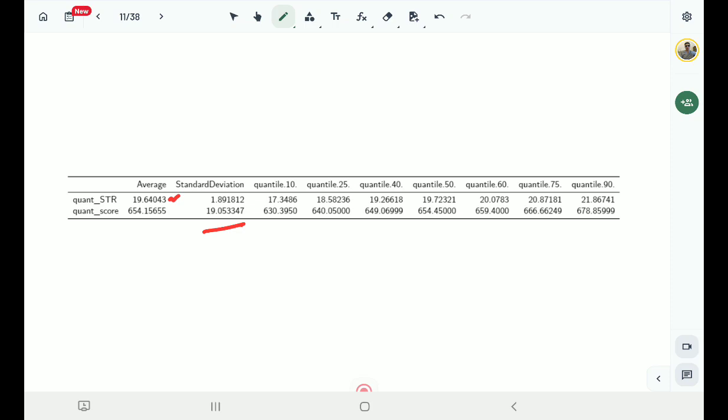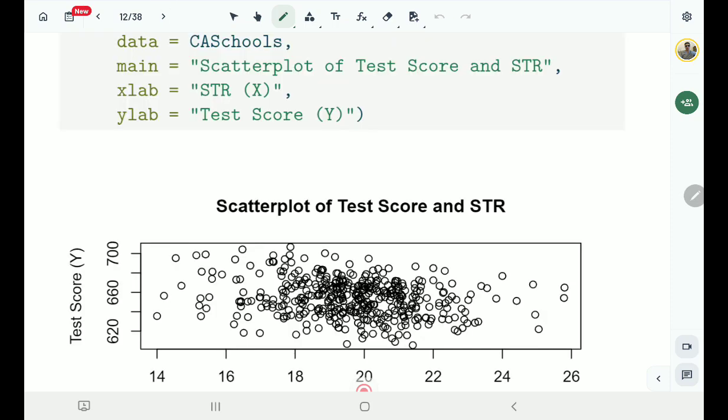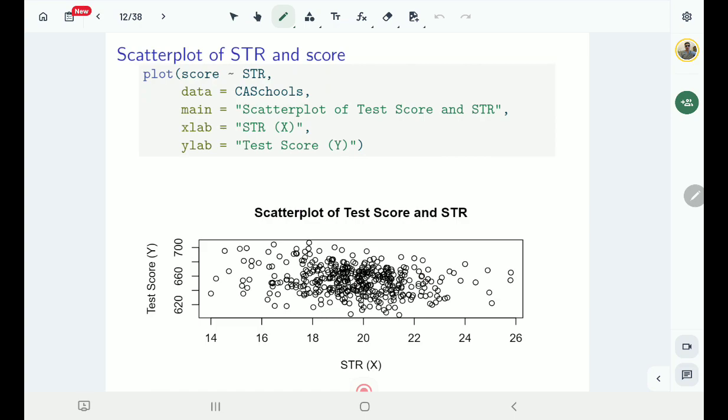And what else do we see? We have quantiles. Currently, I don't really see any abnormal thing here. Everything seems to be okay. But we're going to use this quantile distribution summary more when we deal with multiple linear regression. That is more appropriate in that context. Okay.